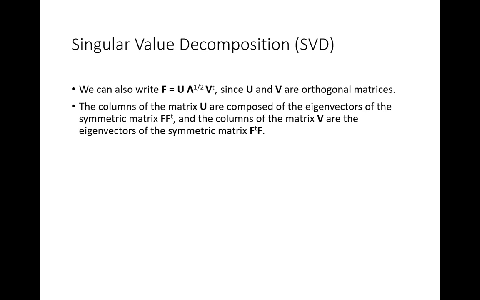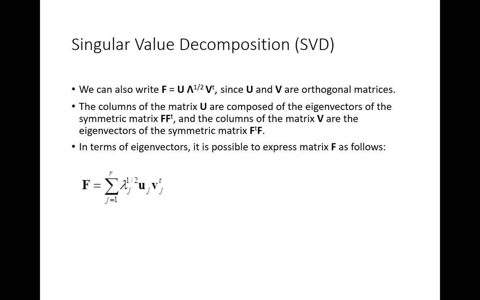And once you know how to form matrices U and V, you can decompose matrix F in whichever way you want. All right. So in terms of eigenvectors, it's possible to express matrix F as follows: matrix F can be represented as a summation of outer products of vectors Uj and Vj transpose.